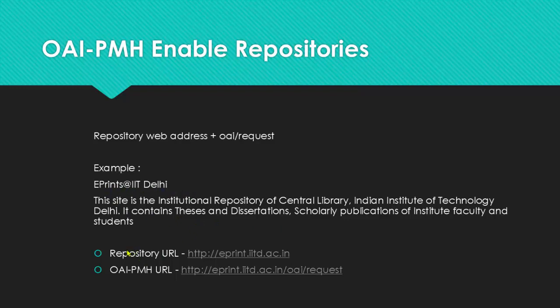The repository URL is http://eprint.iitd.ac.in. The OAI-PMH URL is eprint.iitd.ac.in/oai/request. We just have to add this oai/request text. In this way we can know whether a particular website is OAI-PMH enabled or not.